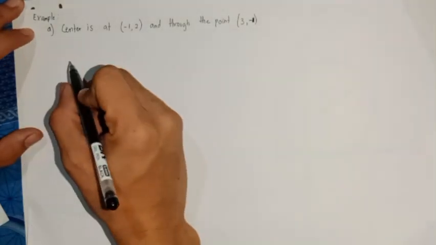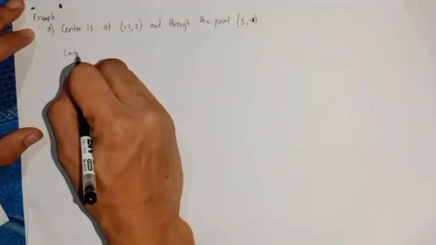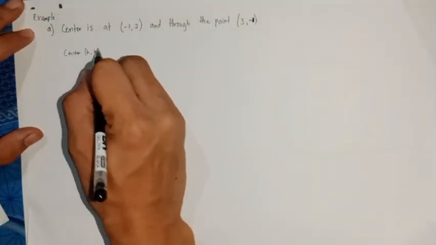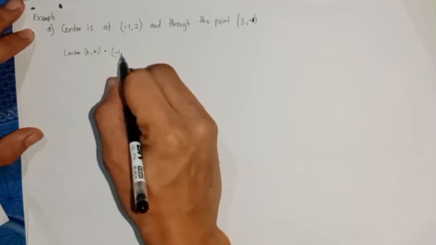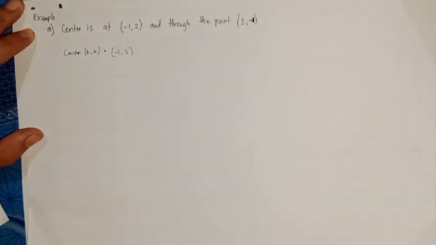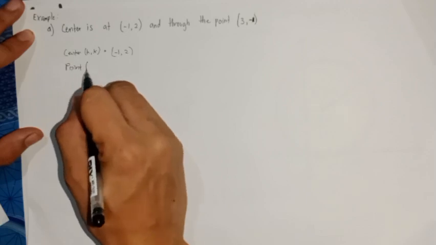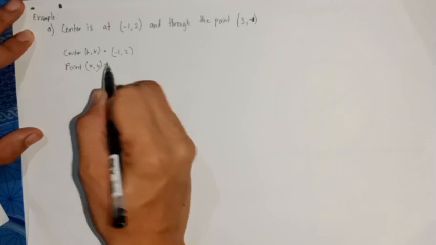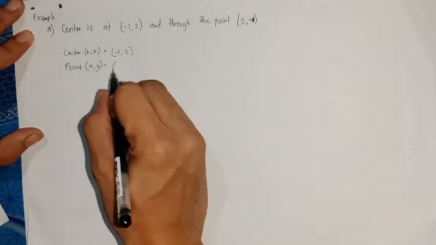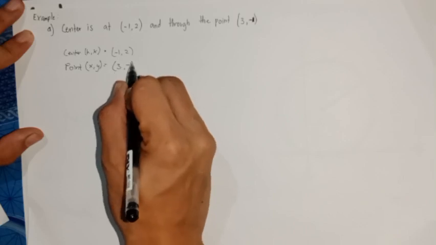First, we must identify the center. Center h and k is -1 and 2. Our point x and y is equal to 3 and -1.